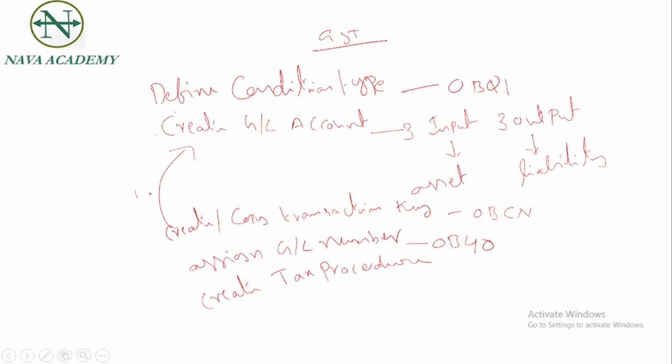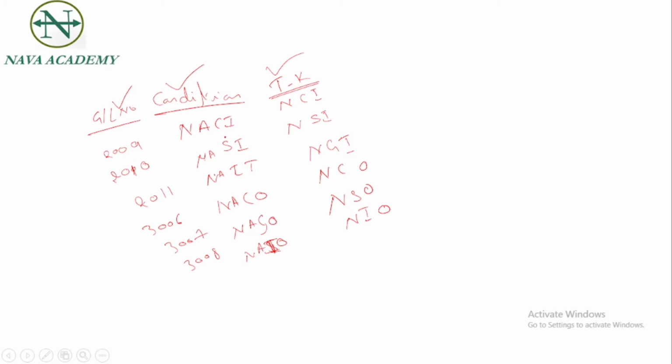Next, this is the linking condition NCA. Okay, now create tax procedures.